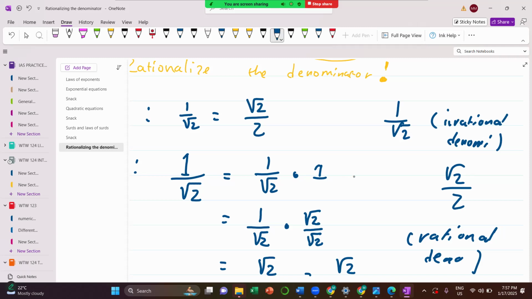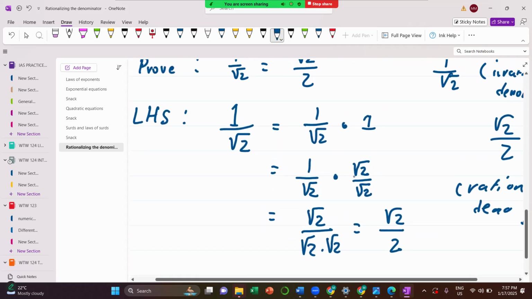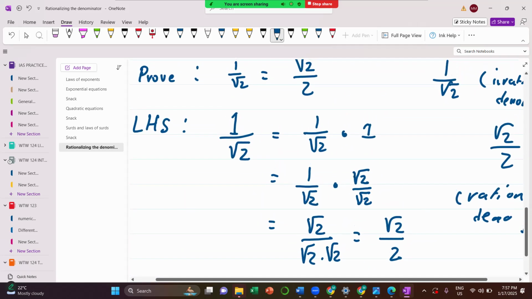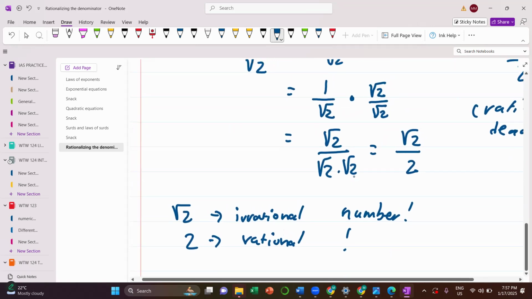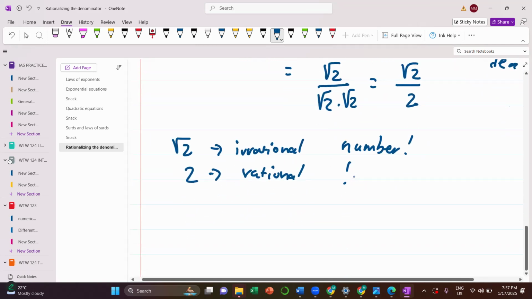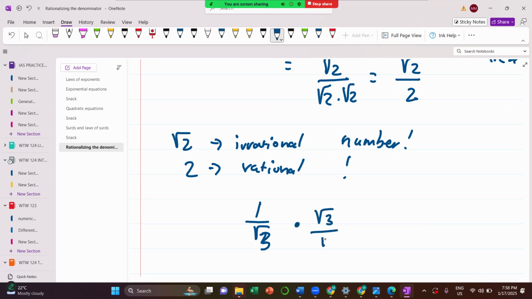Okay. So now you understand the process of rationalizing the denominator, right? This means that if I give you 1 over square root of 3, in order to rationalize this, you're going to multiply it by square root of 3 over 3, right?